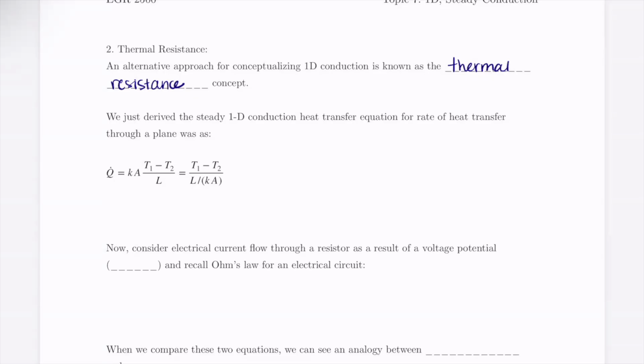So it looks like this. And we are essentially going to say, well, what if this is actually a temperature difference divided by some thermal resistance Rk, where, of course, if you compare the left and the right-hand side, you see that Rk must be L over kA.